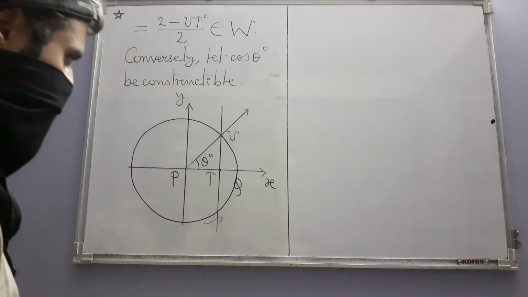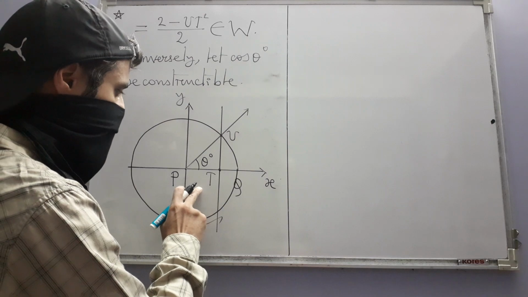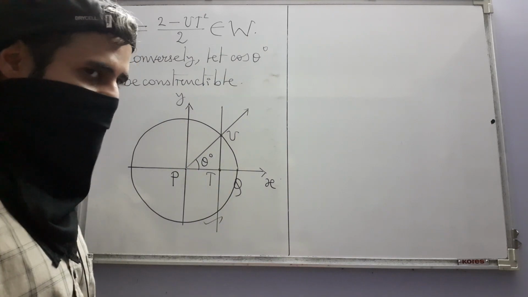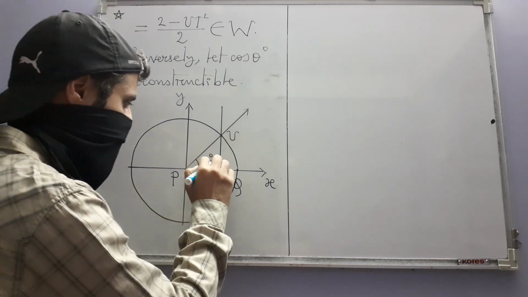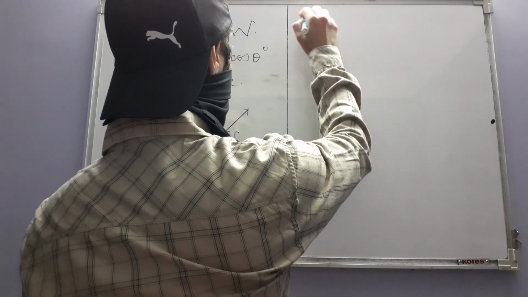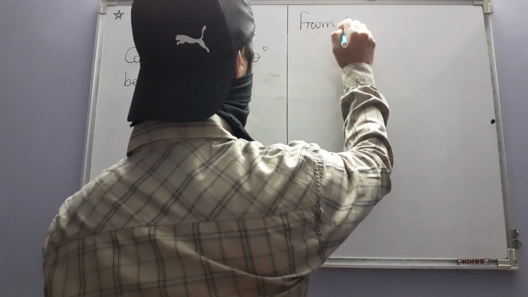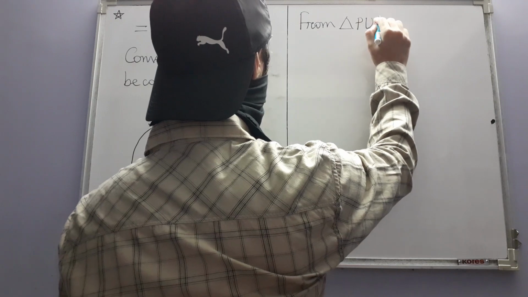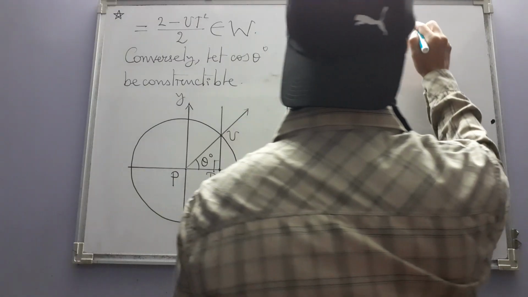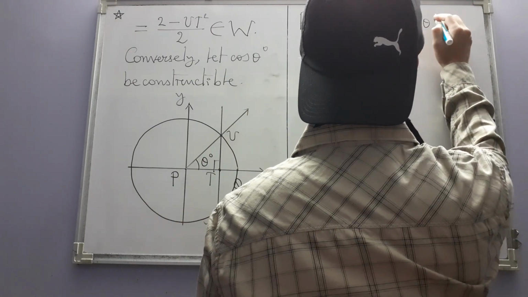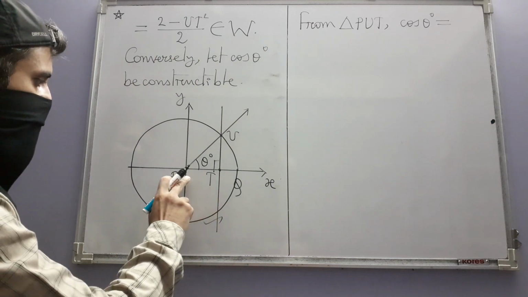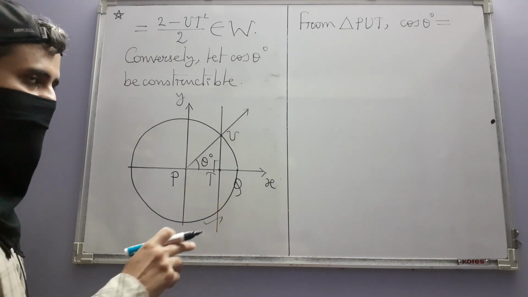Now the first thing you look at is this triangle PUT. It's a right angle triangle, and this is the right angle. So from triangle PUT, what is cos theta? Cos theta degree is base divided by hypotenuse.